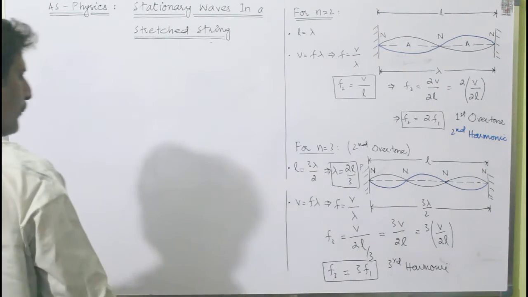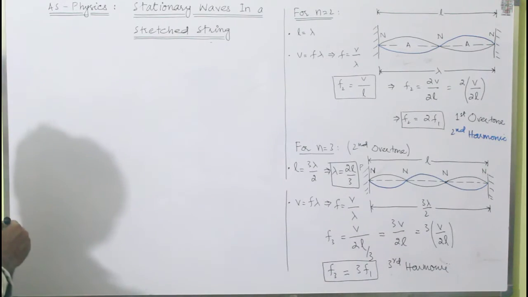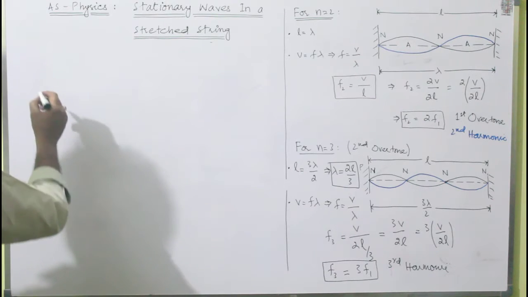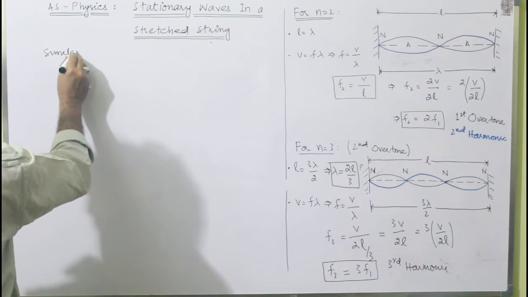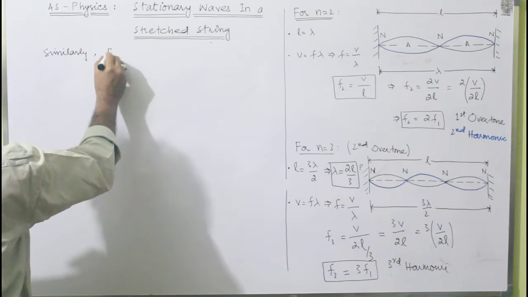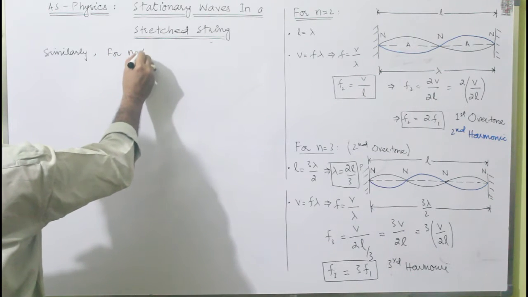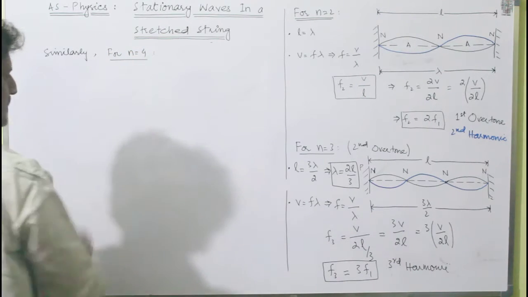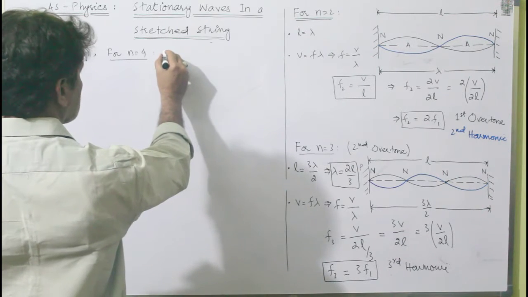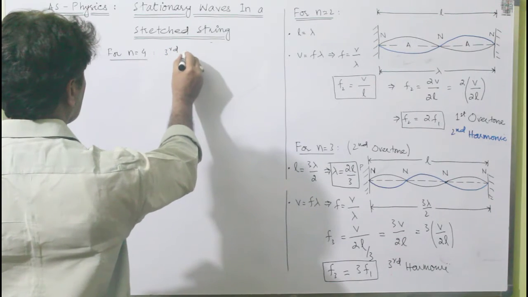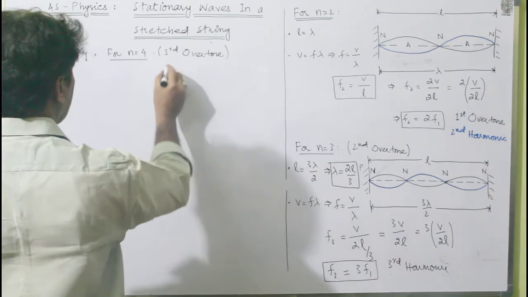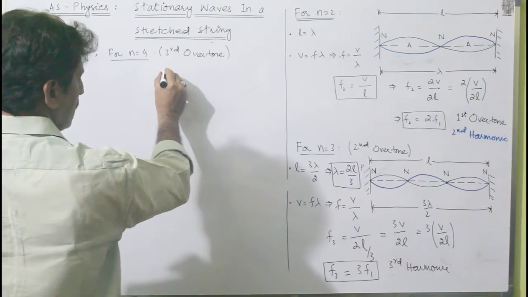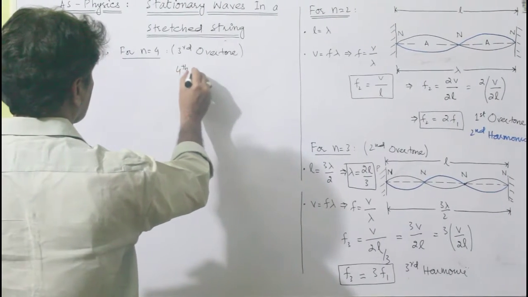Students, now we can proceed and we can form the equation for the 4 number of loops similarly. Similarly, for n is equals to 4, that is the third overtone and the fourth harmonic.